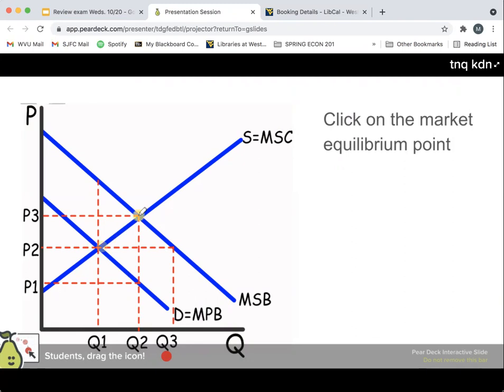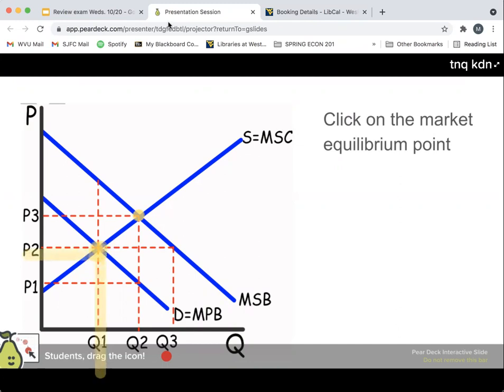In order to find that market equilibrium point, I know that in a market, an externality is considered an externality because these costs are not being considered in the market. In order to find that market equilibrium, we want to go off of that marginal private benefit and marginal private cost because we're not considering those third parties. So that market equilibrium is going to be right here at P2, Q1.